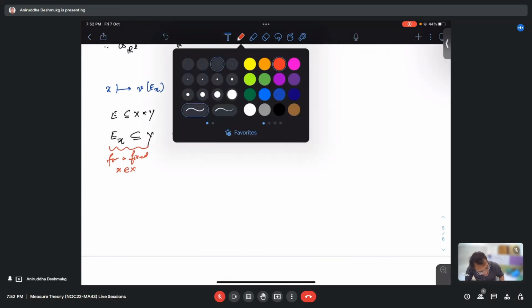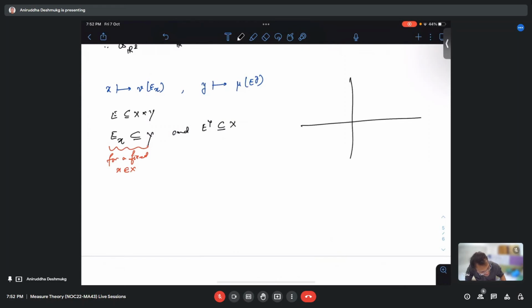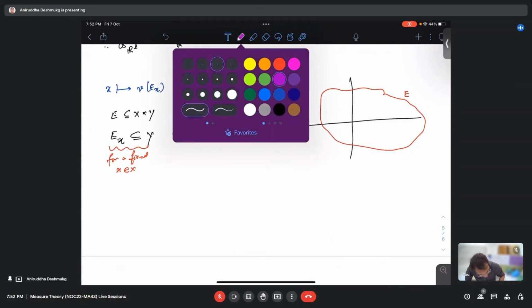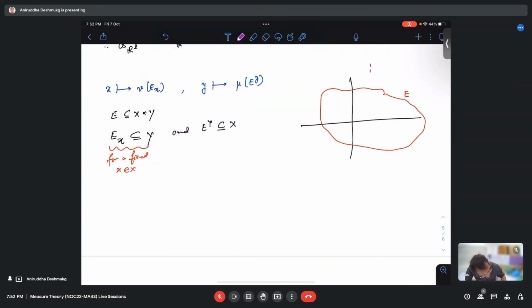The better way to understand it is to draw some set E. Suppose this is my E. Then E_x means: fix an x, look at this line, and project it here. This part is my E_x.